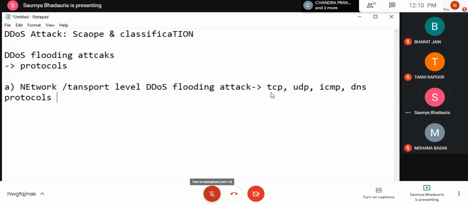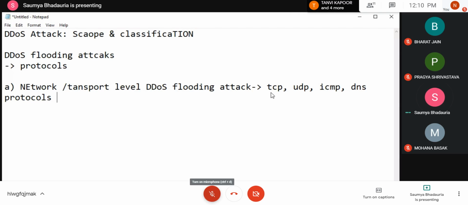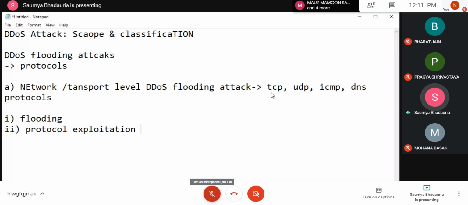Whenever these types of packets are flowing into the network, you will have four subcategories of such attacks. One, it can be a proper flooding attack. Second, a protocol exploitation flooding attack.